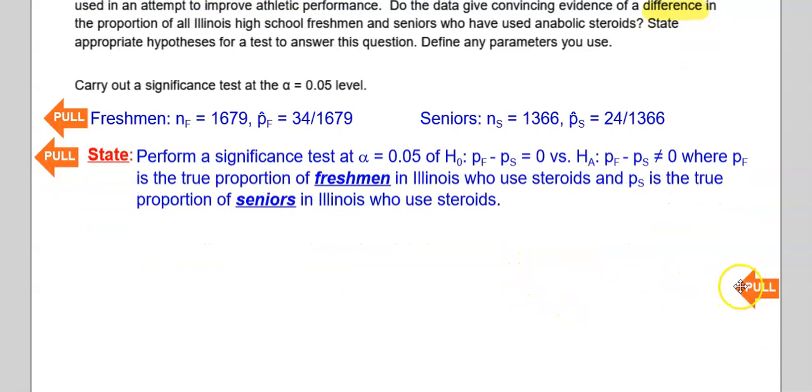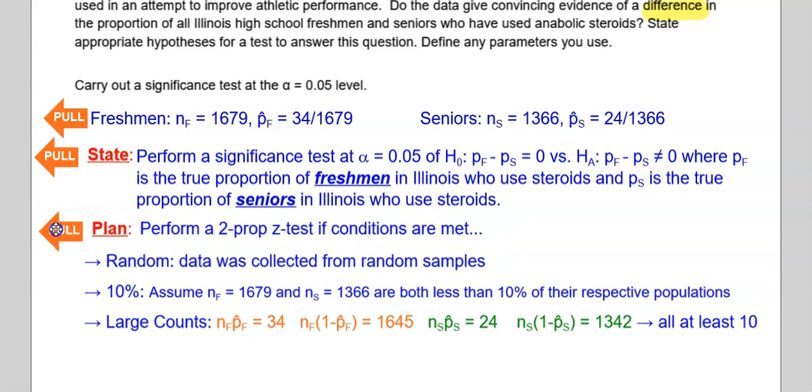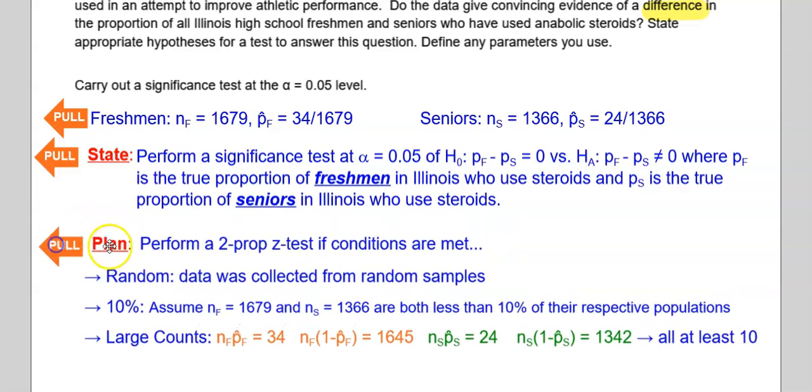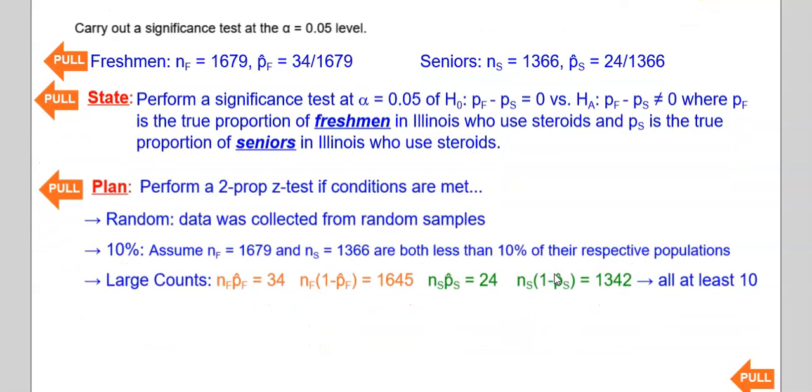Okay, so now let's take a look at the plan step. Plan. We're going to perform a 2-prop z-test if conditions are met. Let's take a look at those conditions. Random? Sure was. Data was collected from random samples. Notice I said samples here because we have to identify that for both the freshmen and the seniors, the two different populations, we sampled randomly from each of those populations. 10% condition, we're going to assume that the sample size for freshmen and the sample size for seniors are both less than 10% of the respective populations.